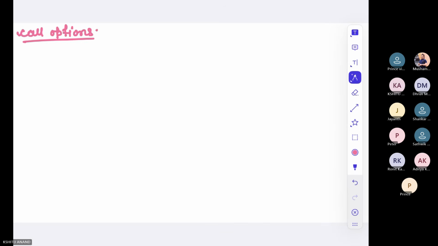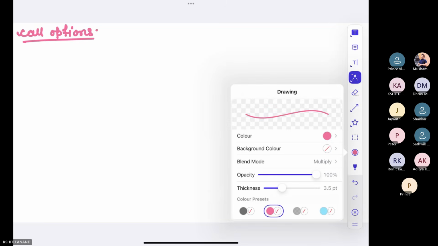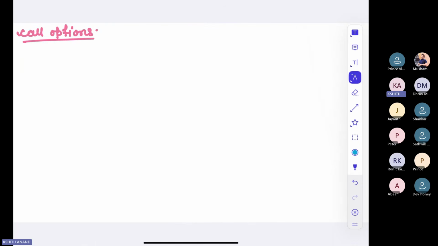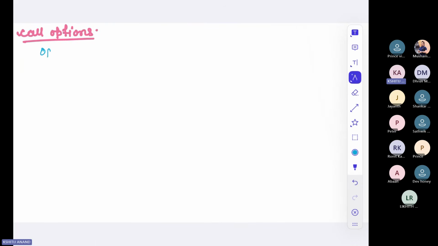So what exactly are options? Options are a kind of derivative. And what are derivatives?